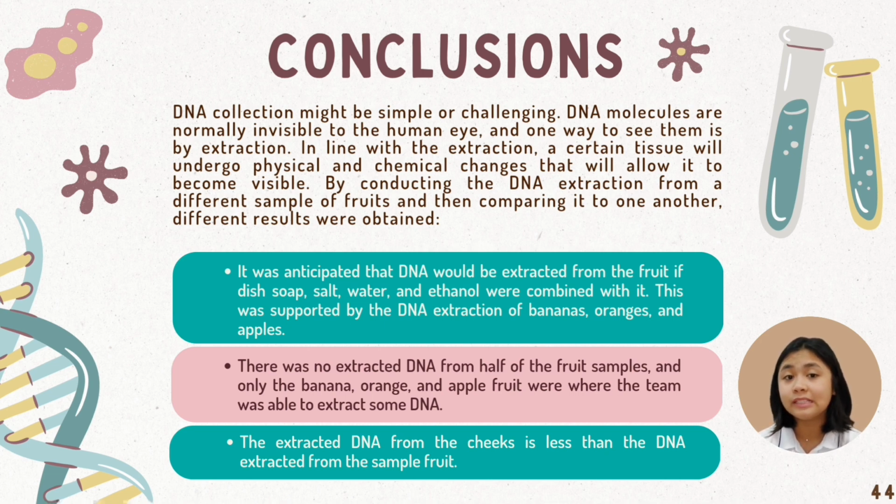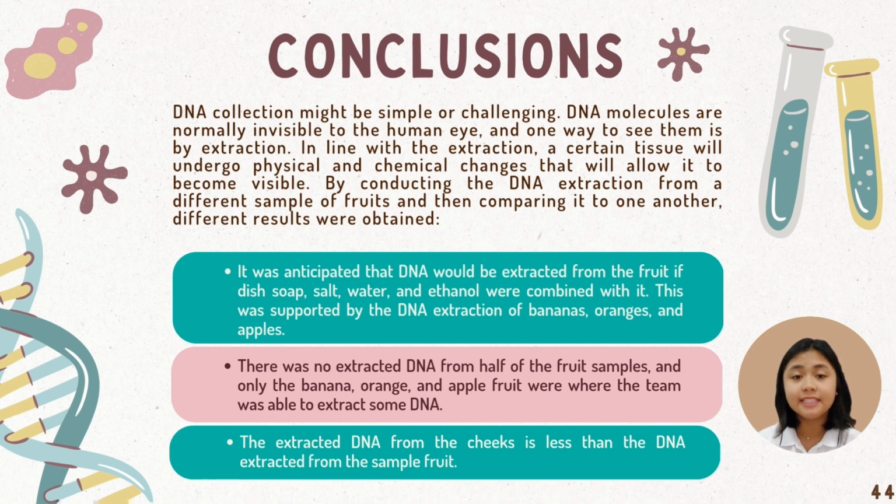Alcohol precipitates DNA, causing it to concentrate. The salt promotes precipitation by reducing the charge on DNA, while the cell membranes are destroyed by liquid soap or detergent, releasing the DNA. The reaction takes place in the water, which is also utilized to reconstitute DNA samples.